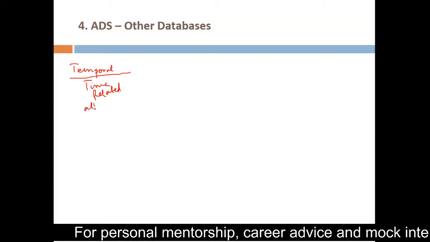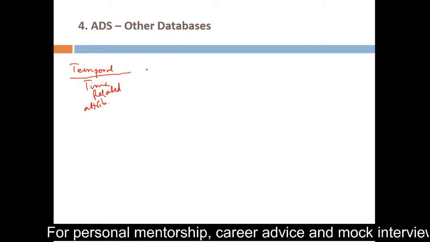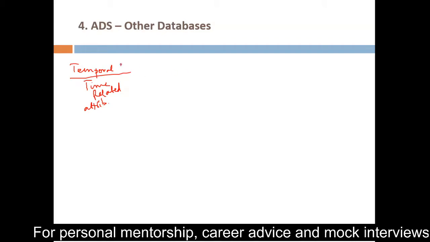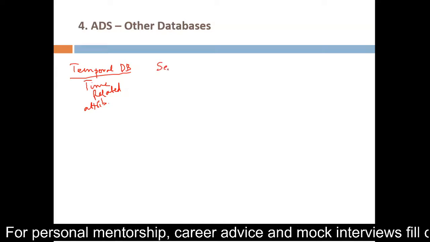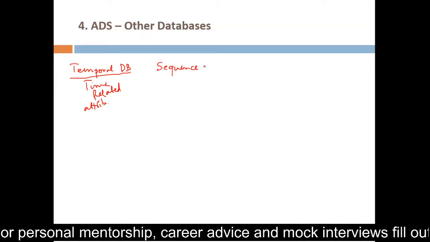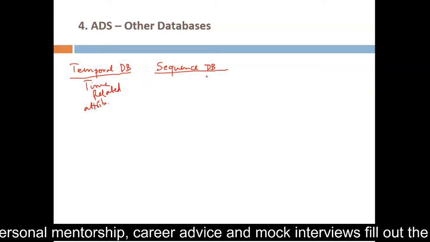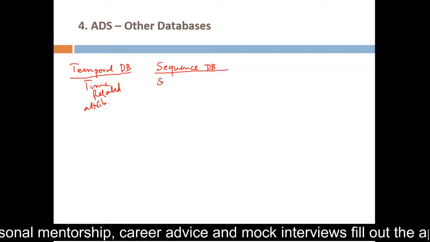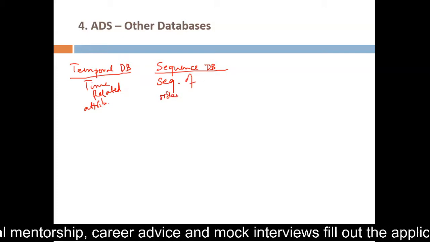If you have time related attributes in your data repository, that would be more suitable to be called a temporal database. Similarly, you could have a sequence database, which is another kind of repository where you are storing sequences of different ordered events.